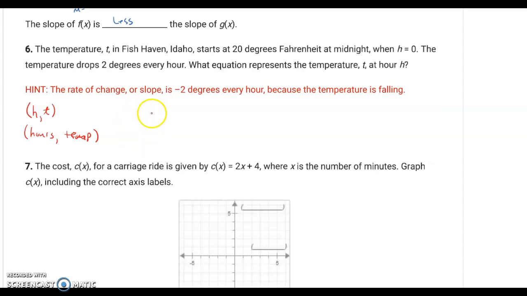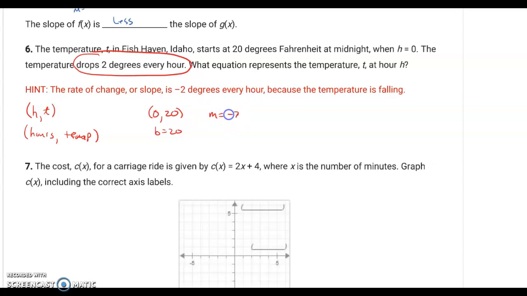Well, at H is 0, the temperature is 20, which gives your y-intercept, so you know your B is 20. And anytime you go up or down so much every hour, like when it says drops 2 degrees, that's considered a rate of change, which is your slope.